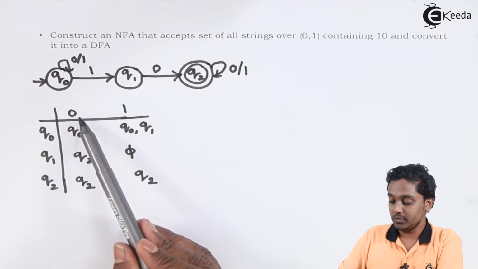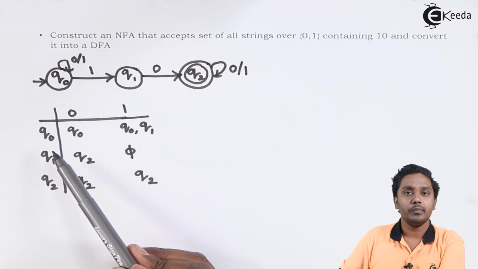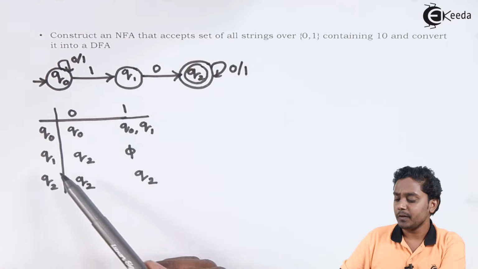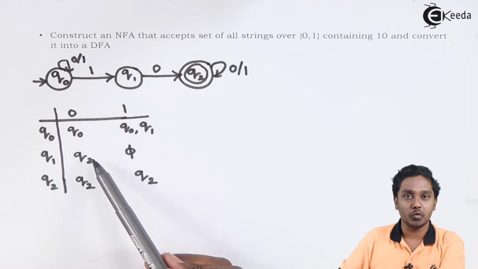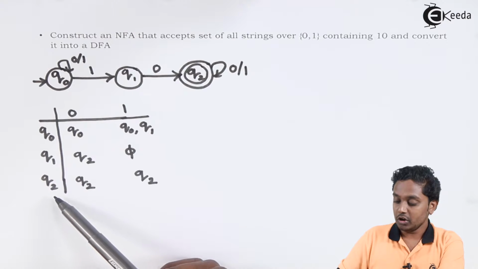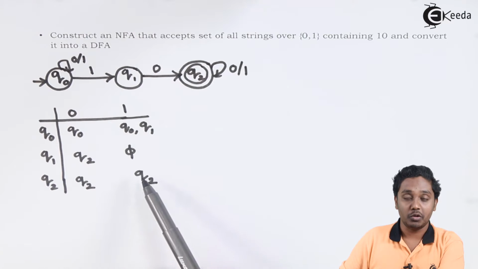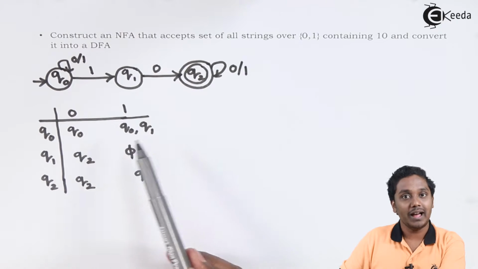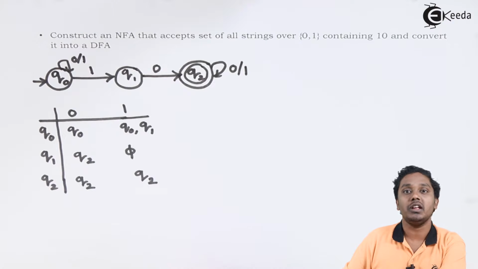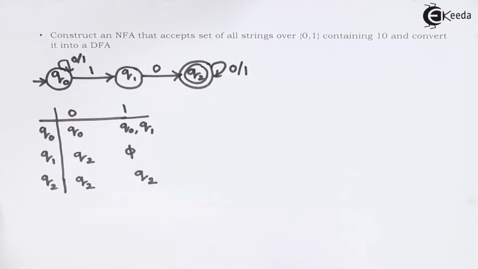Q0 on 0 has a transition to Q0. Q0 on 1 has a transition to both Q0 and Q1. Q1 has a transition to Q2 on 0 and Q1 has no transition on 1. Q2 has a transition to Q2 on both 0 and 1. Now we will transform the NFA table to a DFA transition table.